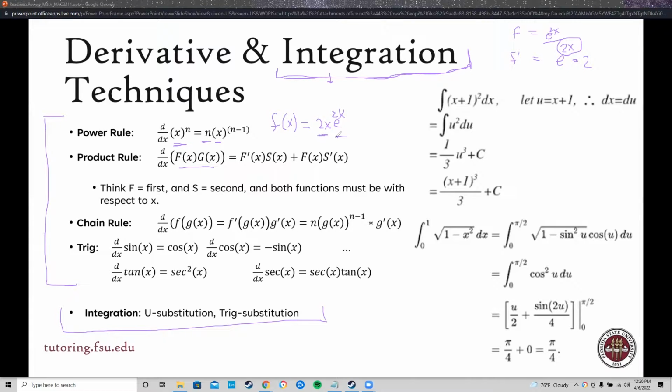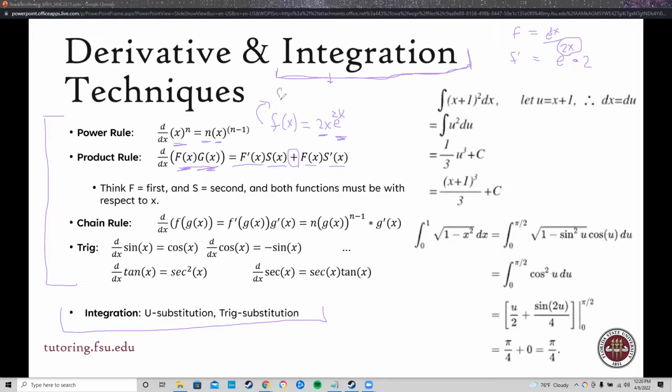You have 2x multiplied by e to the 2x, which is synonymous with having one function of x times another function of x. Whenever you take the derivative of a function that has two functions of x, then you take the derivative of the first one multiplied by the original second one, and you add it to the original first one multiplied by the derivative of the second one.